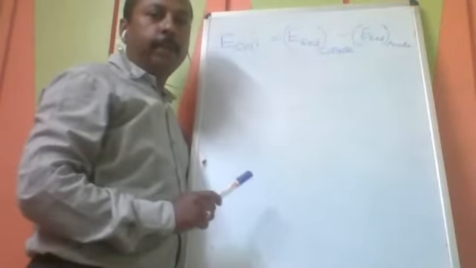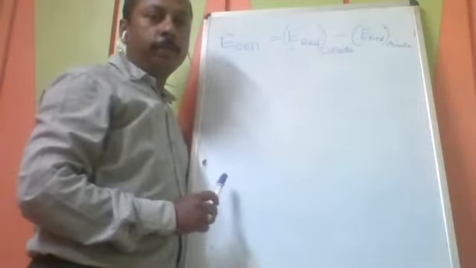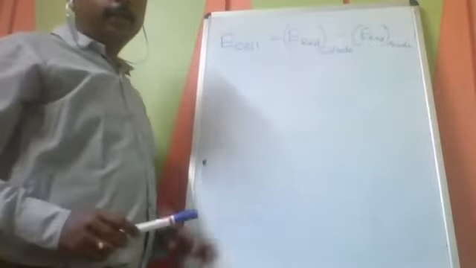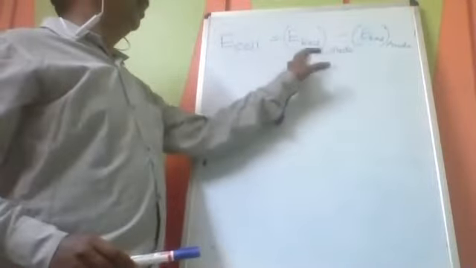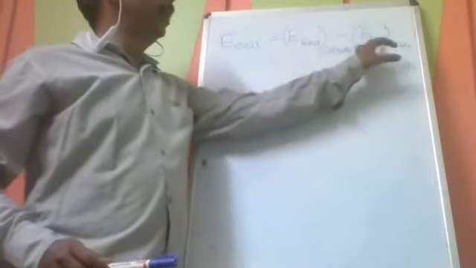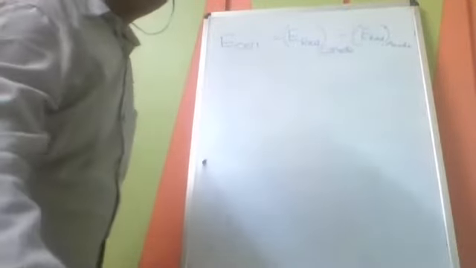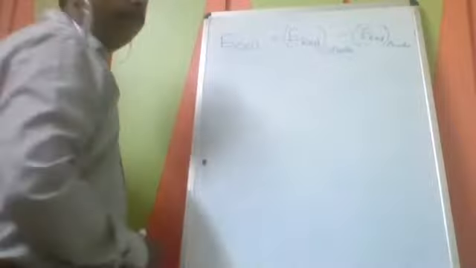If minus 0.59 is given as oxidation potential, convert it into plus 0.59 as reduction potential. Don't remember so many formulas. In some books it is written as cathode plus anode in oxidation form. Better to go for a single formula, few formulas and more remembering.